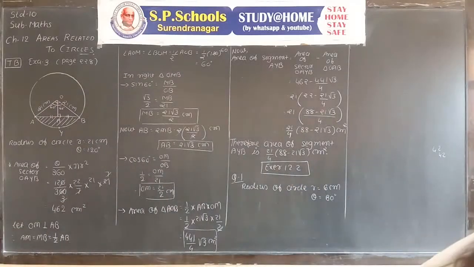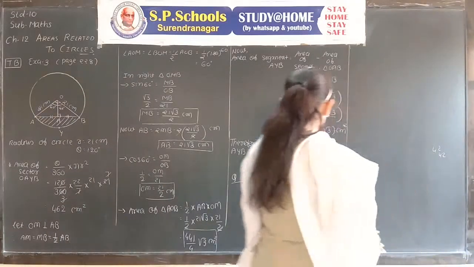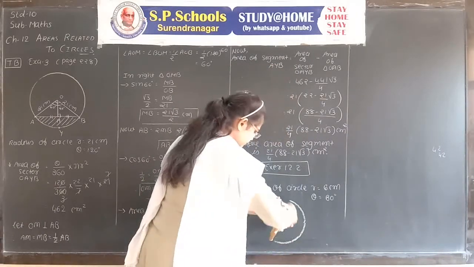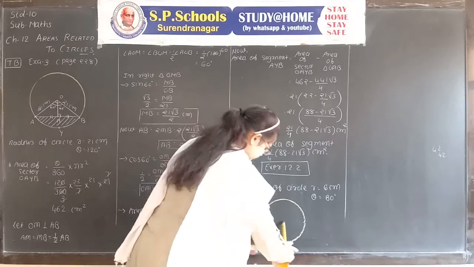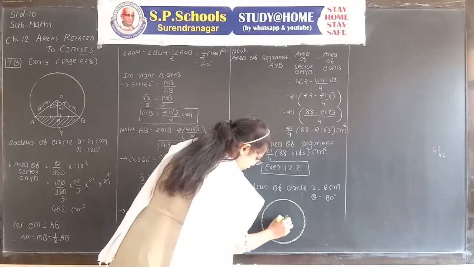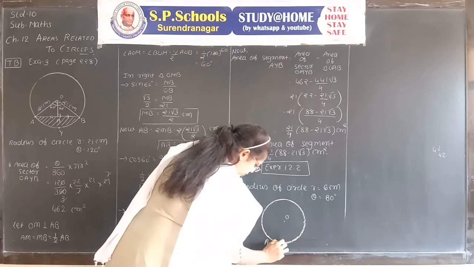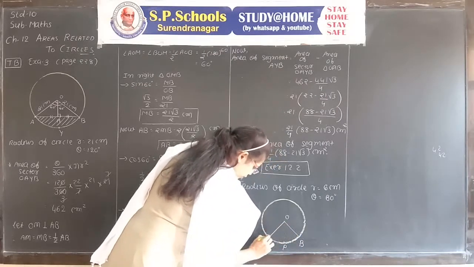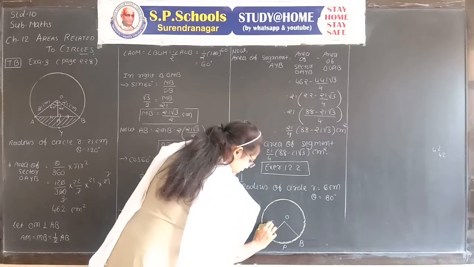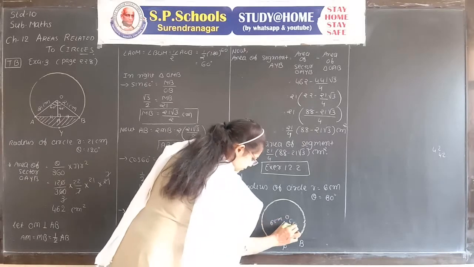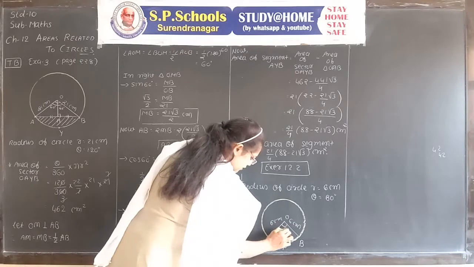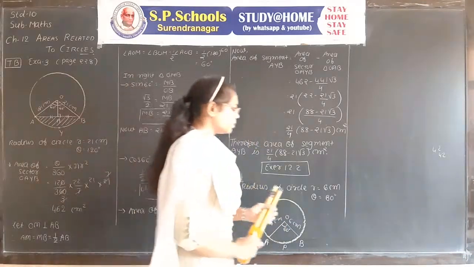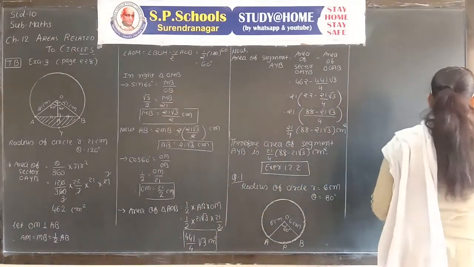Draw one figure for that. One circle. O is center of circle. APB is minor arc. OB and OA are radii, 6 cm each, and the theta is 60 degree, and we need to find area of OAPB minor sector.